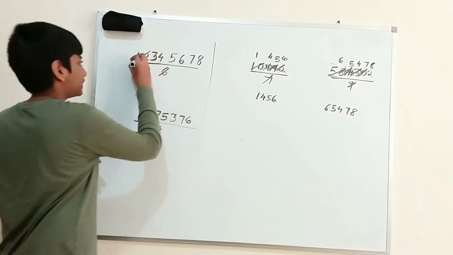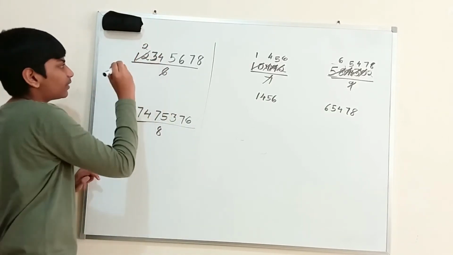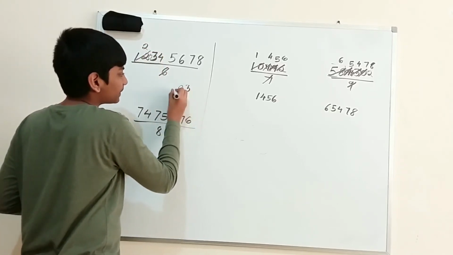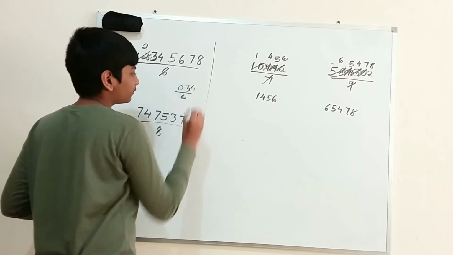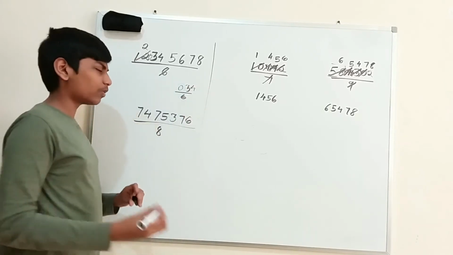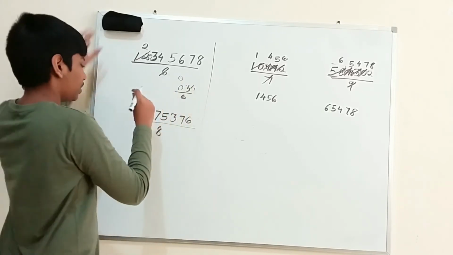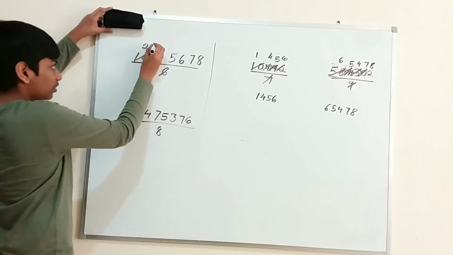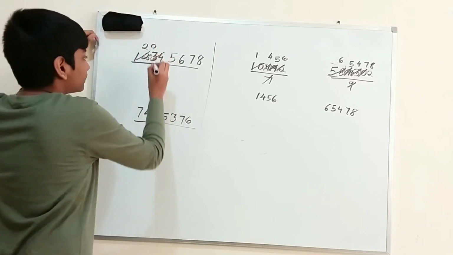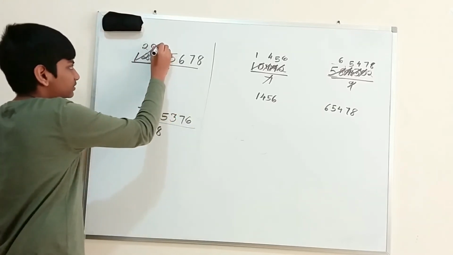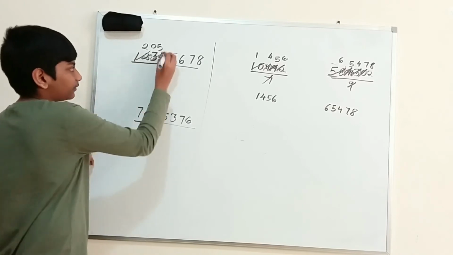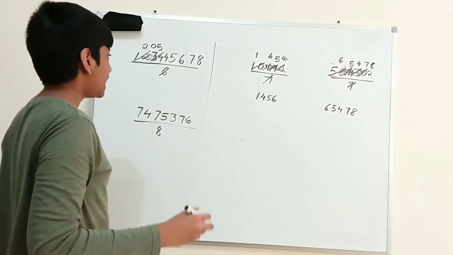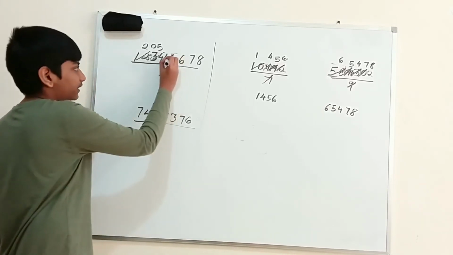So 12 divided by 6 is 2, and over here I'll get the remainder as 0. Now it's going to be 0, 3 divided by 6, right? I cannot join this 4 also. If I need to join this 4, I will add a 0 at the top. Okay, so it's going to be a 0 over there. And then 34 divided by 6 is nothing but 5, 6 5s are 30, and the 4 will come over here. 6 6s are 36, and 7 6s are 42, and 7 over here.